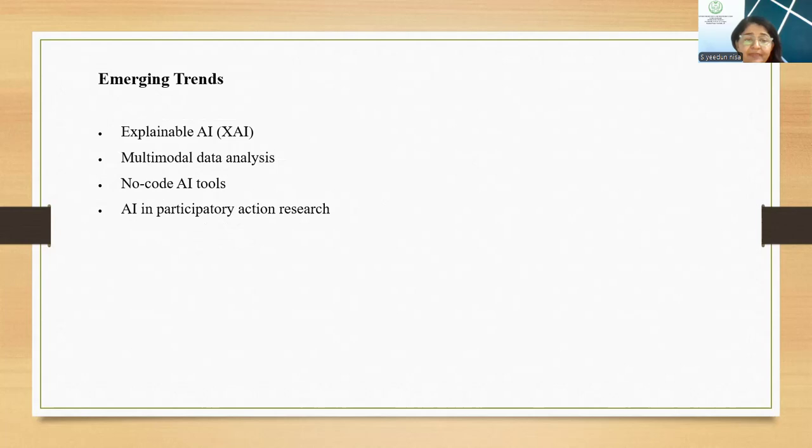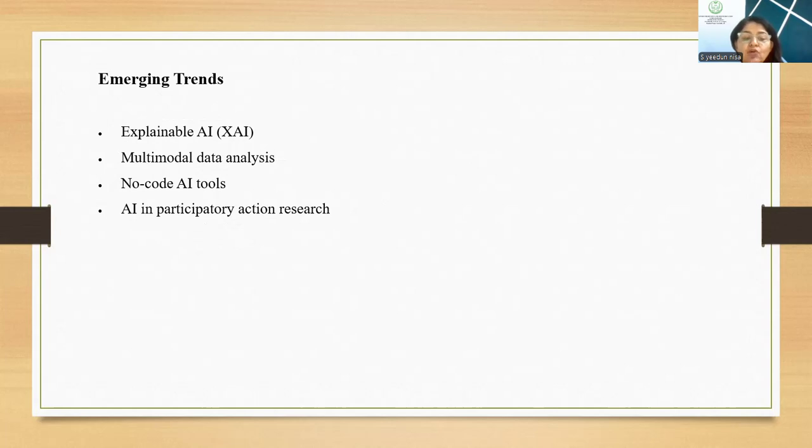Emerging trends: we have explainable AI, multimodal data analysis, no-code AI tools, and AI in participatory action research. AI is evolving rapidly. Explainable AI allows researchers to understand why a model gives a particular output, essentially in policy-related research. Multimodal AI, which combines text, image, and video data, opens a new frontier for research, like ethnographic research or media research.